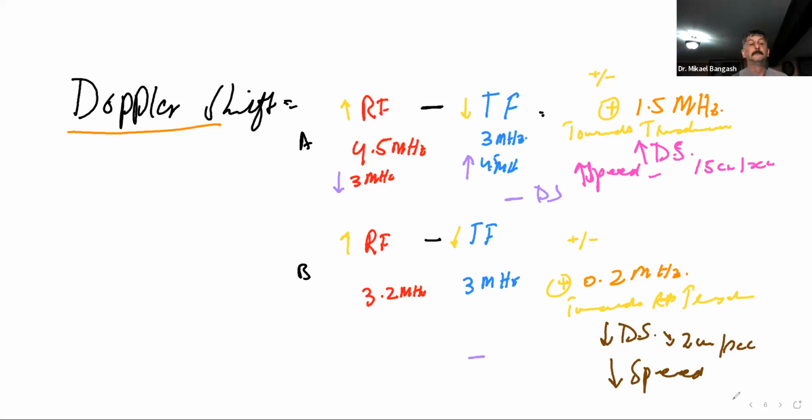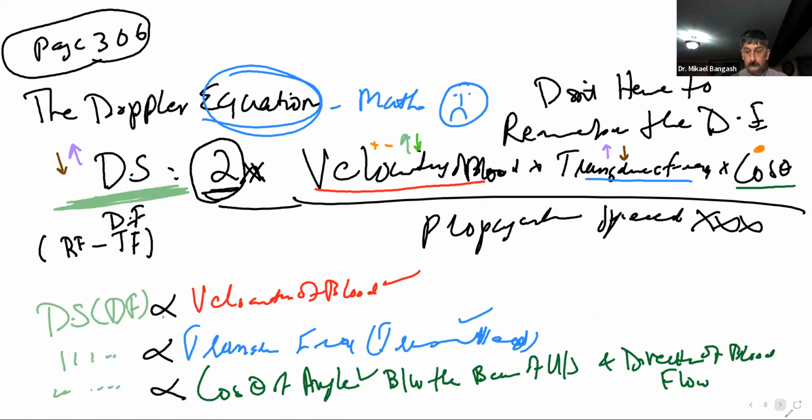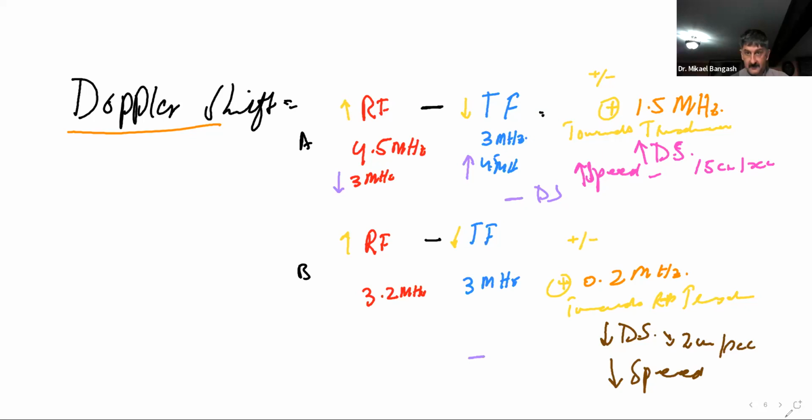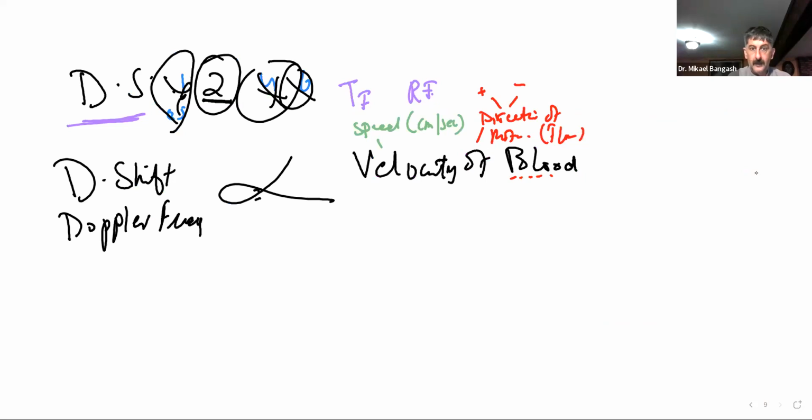Please don't come back to me and say, Mike, a 1.5 megahertz Doppler shift is not 15 centimeters per second, it's 15 meters per second, or 27 meters per second, or whatever. This was just an example.